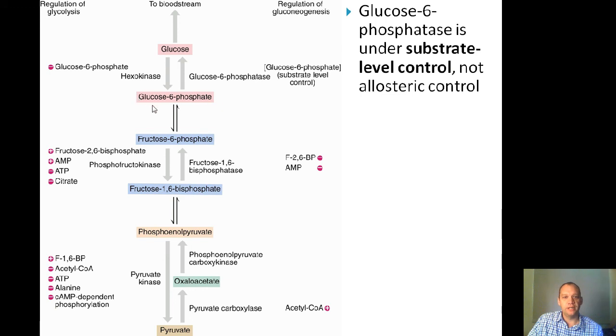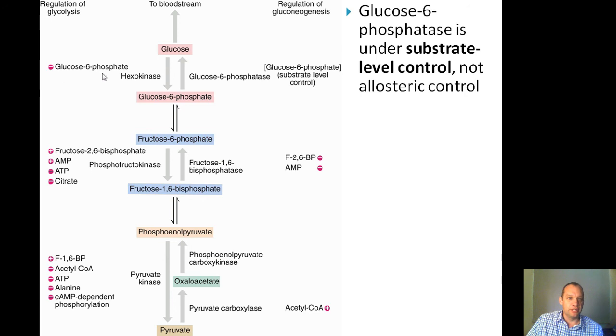So it'll depend on the concentration of glucose 6-phosphate and glucose whether or not this reaction runs in the forward direction to produce glucose. The reverse reaction, of course, regulated by hexokinase, is under product inhibition control.